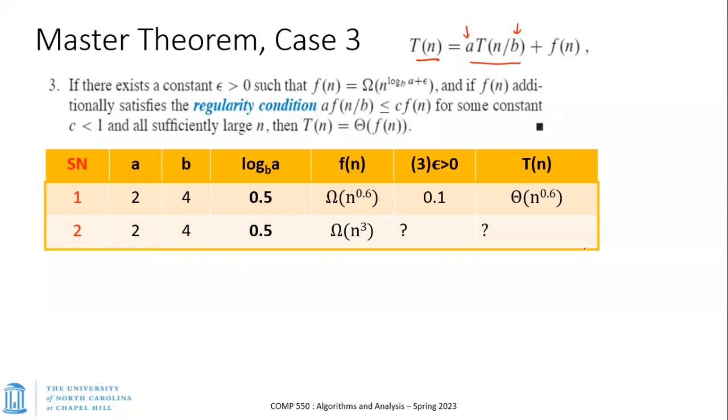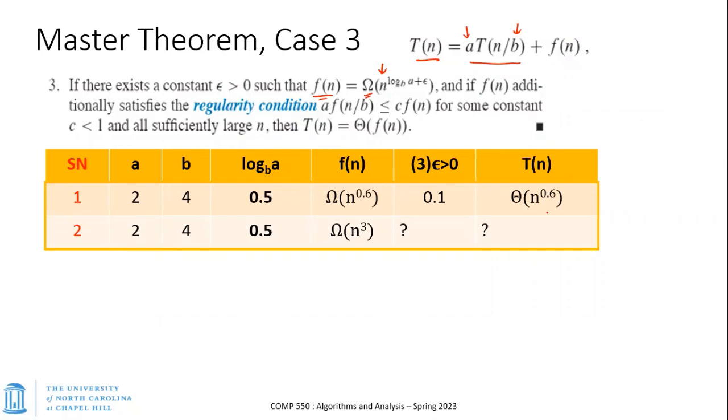Okay, so let's take a look at the third case. The third case is where your driving function is actually higher in complexity as compared to your watershed function. Do note that we're sort of neglecting this, but you do have a big O and a big omega somewhere in that equation as well.